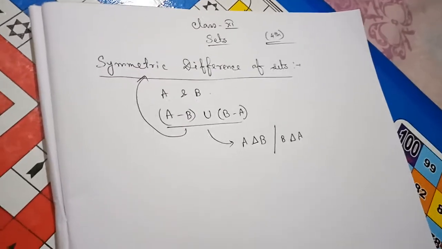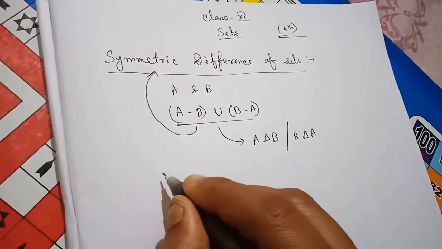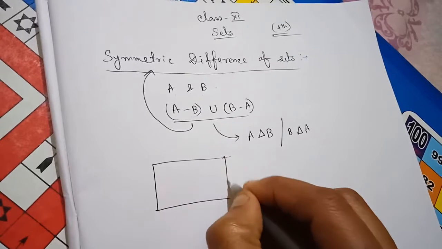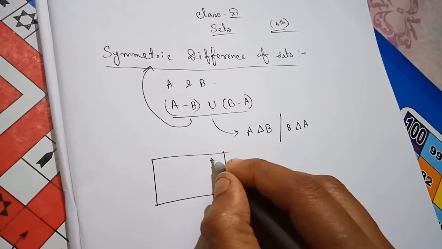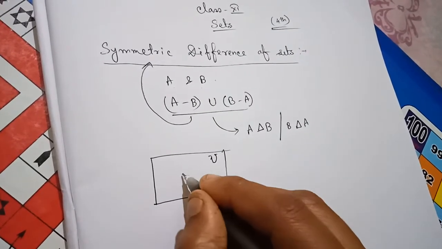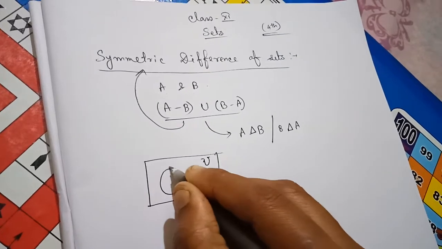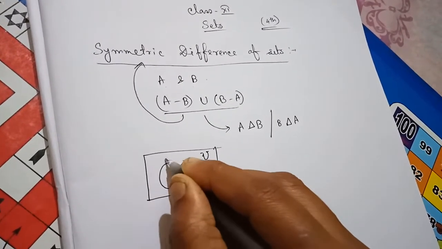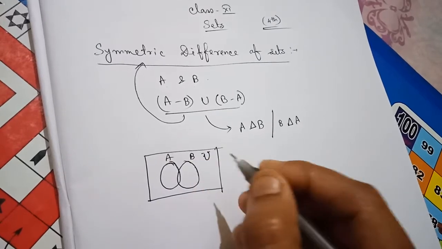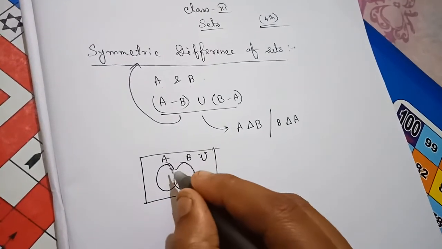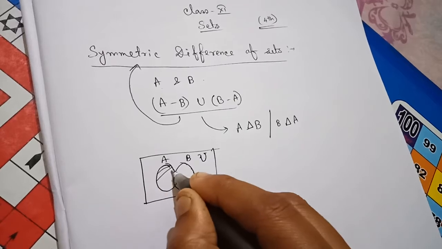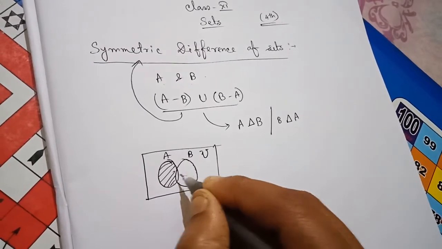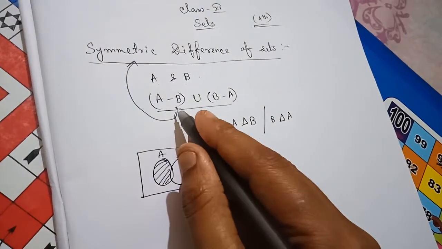If we represent it by a Venn diagram, we will get this type of figure. Suppose this is the universal set U, and there are two sets A and B. Then A minus B is the shaded part except the common part.